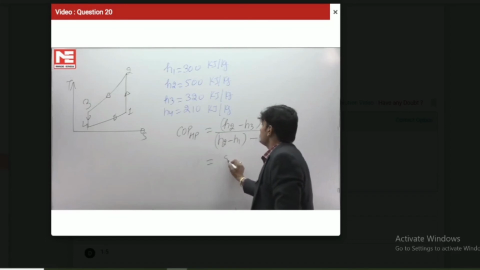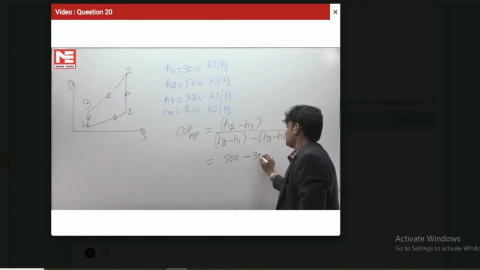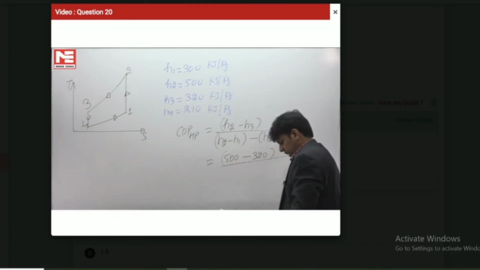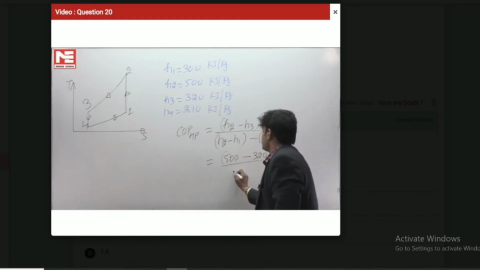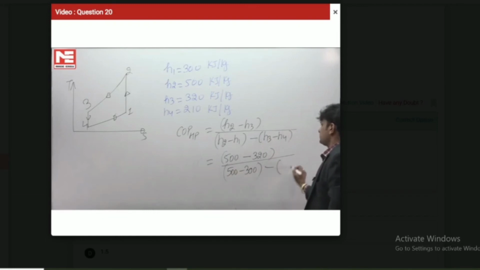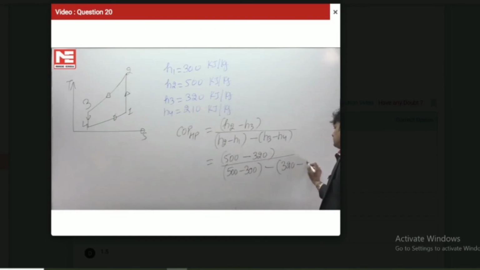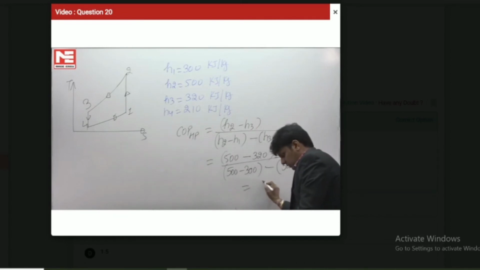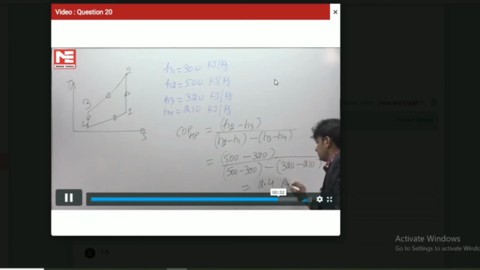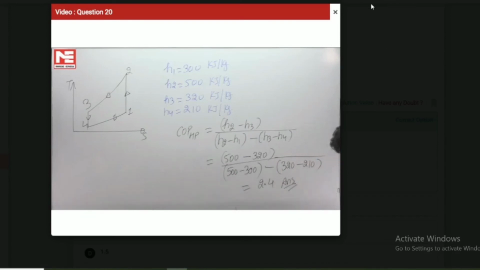So H2 500 minus 320, divided by H2 minus H1, 500 minus 300, minus H3 minus H4, 320 minus 210. Okay, so the answer is 2.4. This is the answer.